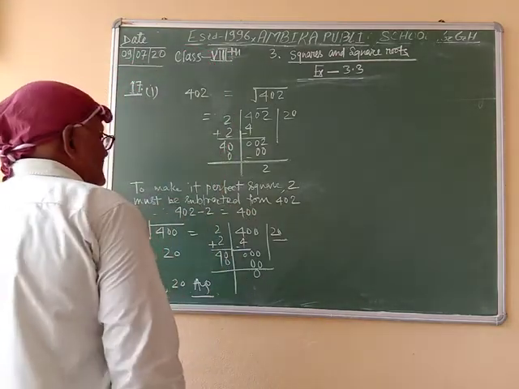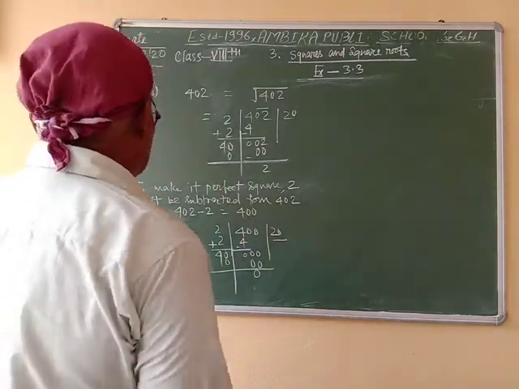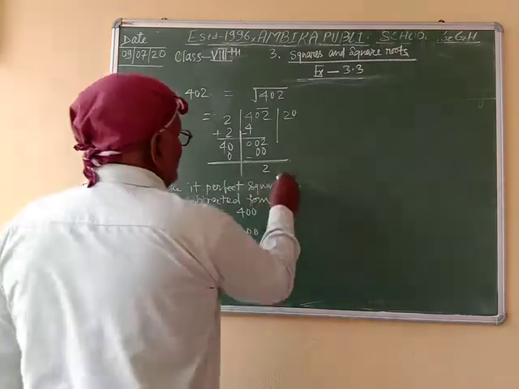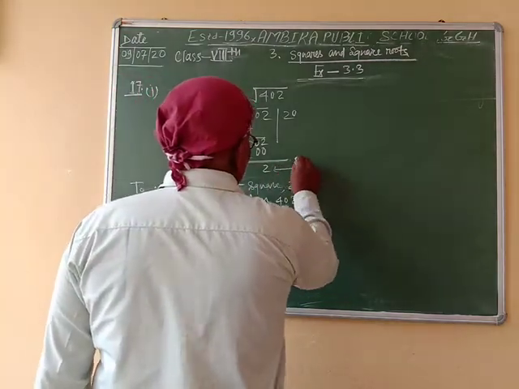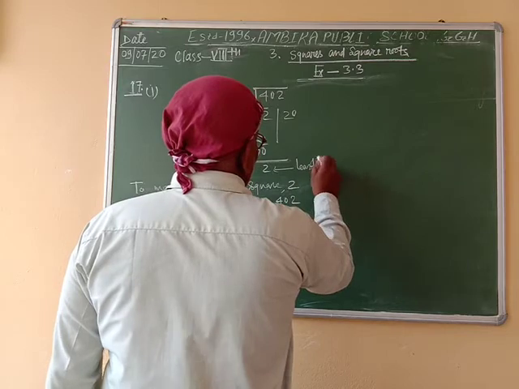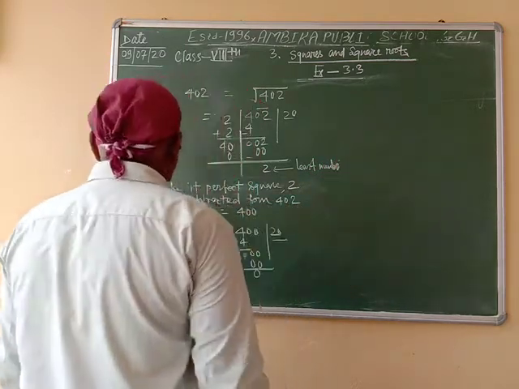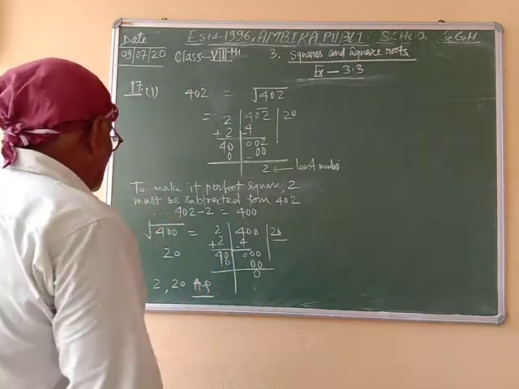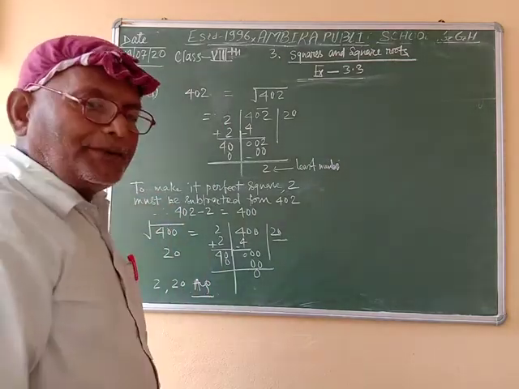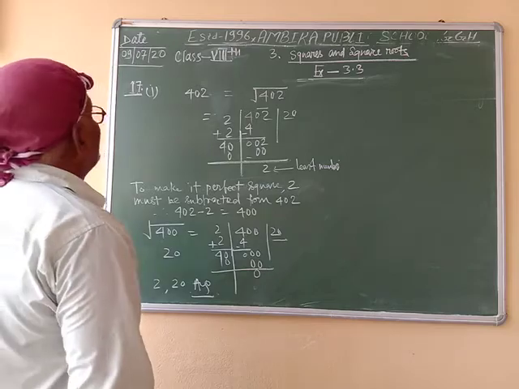So the least number is equal to 2, and the square root of the perfect square number is equal to 20.